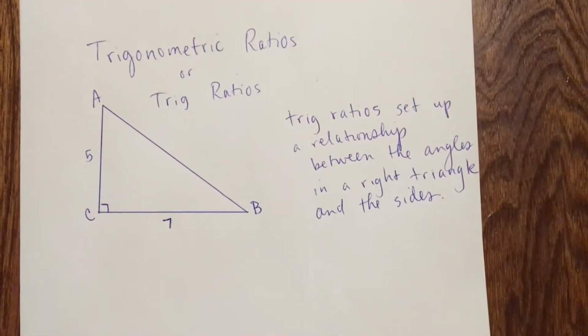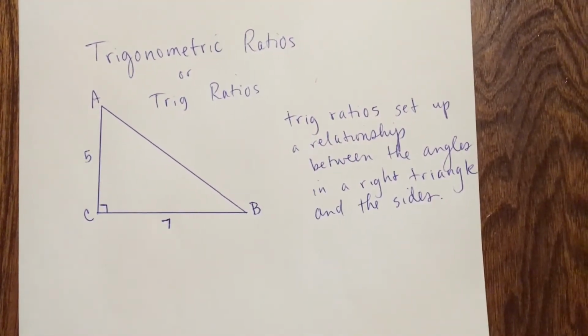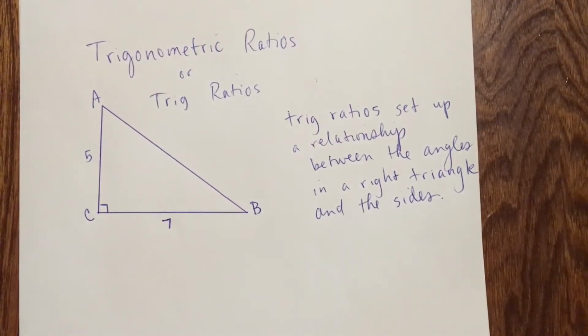Now, if I'm looking at a right triangle, most of the time we would just stay away from the right angle with these trig ratios because it can get a little bit confusing.